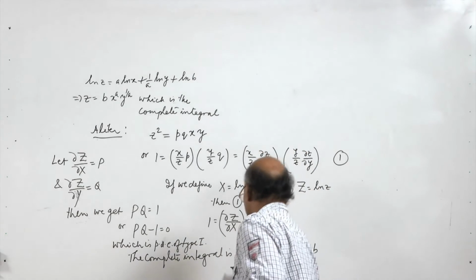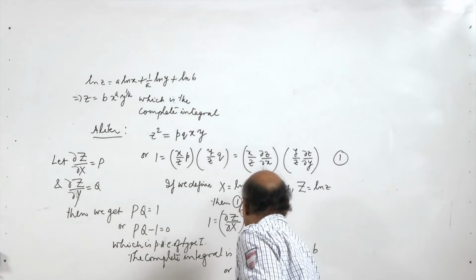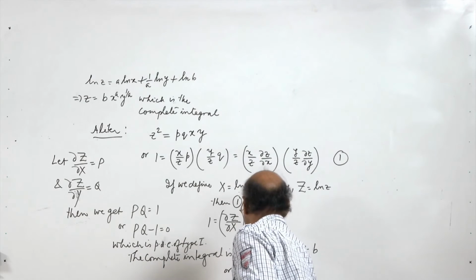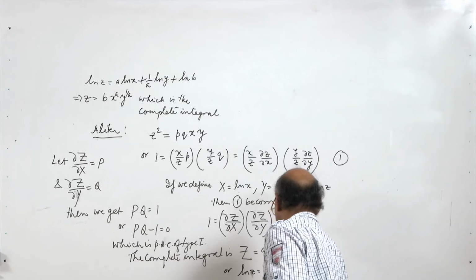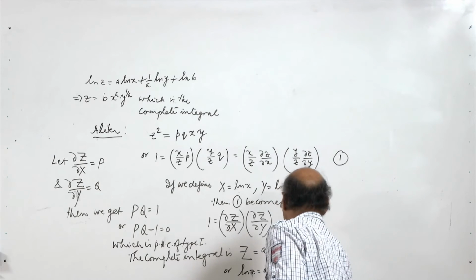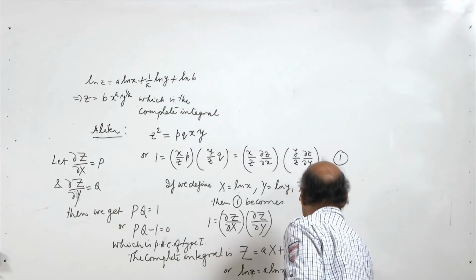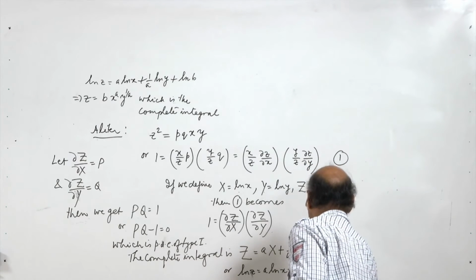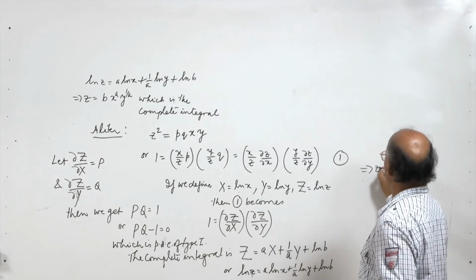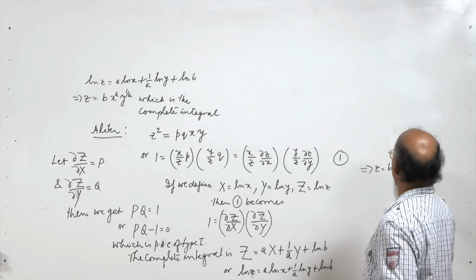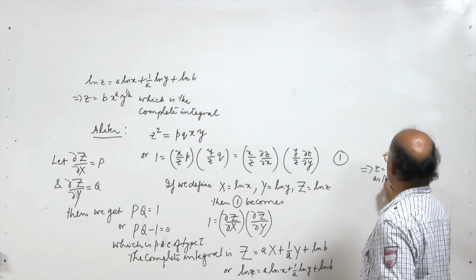Now let us replace the values of X, Y and Z, so ln z = a ln x + 1/a ln y. Here it is better if we write ln b, so ln b we have, and then z = b times x to the power a and y to the power 1 by a, as this is the complete integral.